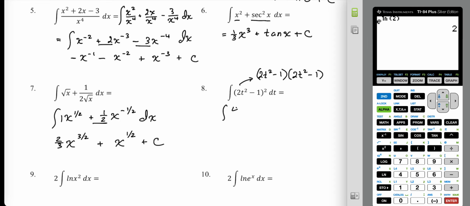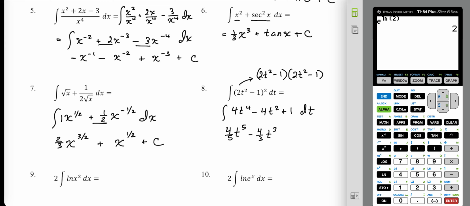So 4t to the 4th minus 2t squared minus another 2t squared, so minus 4t squared plus 1 dt. Now it's a power relation. So increase the exponent by 1, divide by the new exponent. Increase the exponent by 1, divide by the new exponent. Now this one doesn't seem to have a variable with an exponent.